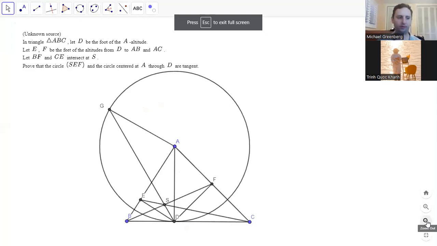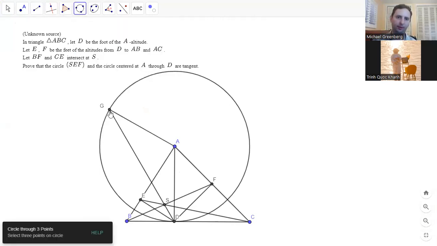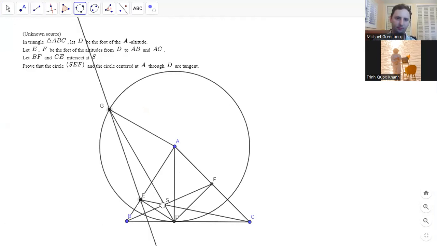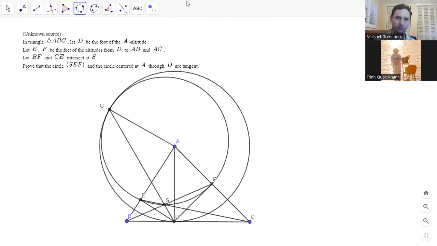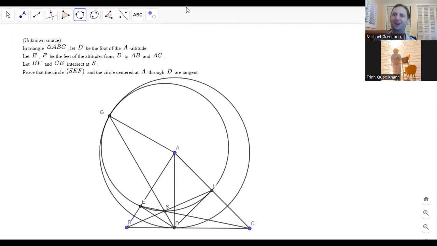So let's see if we can solve this. We have about an hour left. So yeah, how do we show GESF is cyclic? I'm just going to draw in the circle. Maybe it'll help.